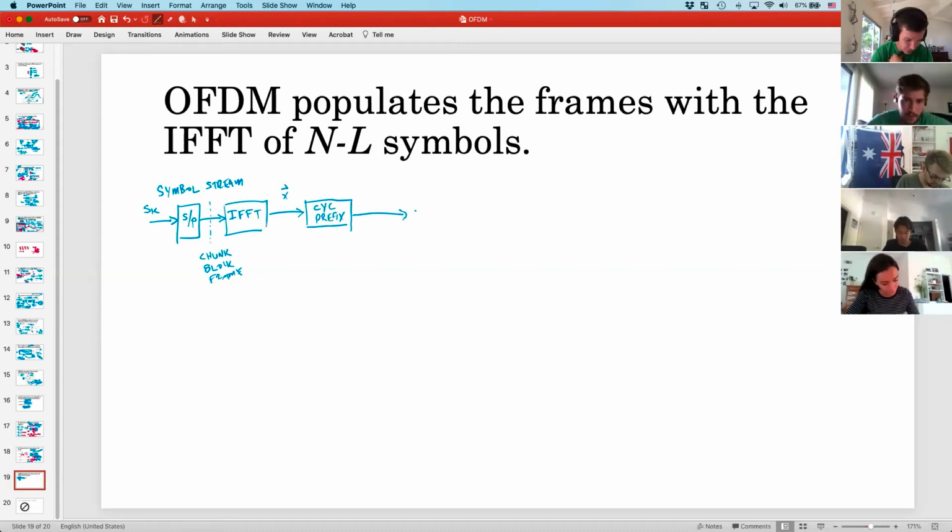And then we take that vector, and technically this does go back through another parallel to serial, because then we mix to passband.